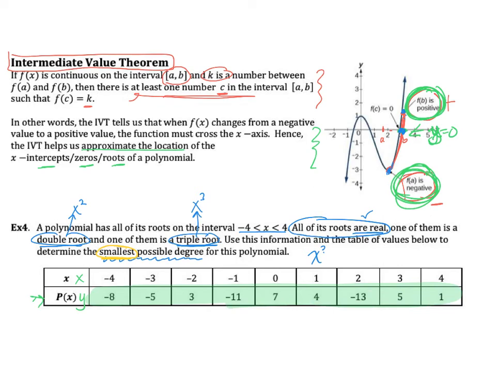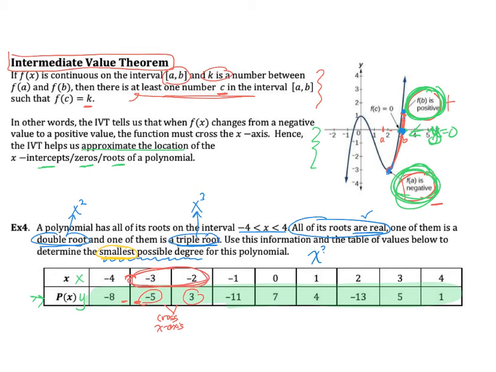Okay, so this is a negative y value, stays a negative y value. Doesn't necessarily cross the x-axis between these two values? No. But then you go from a negative y value to a positive y value. So it must cross the x-axis between -3 and -2.